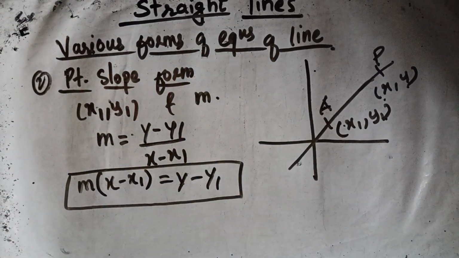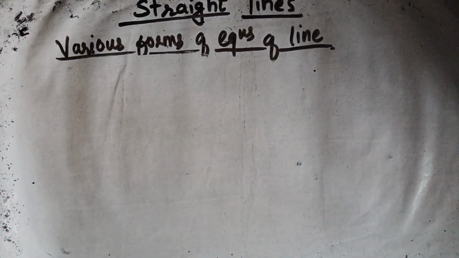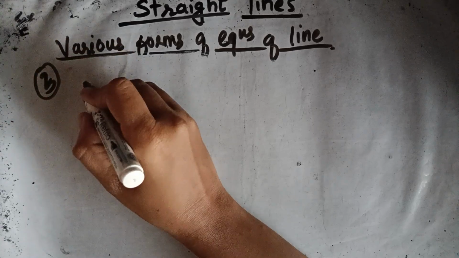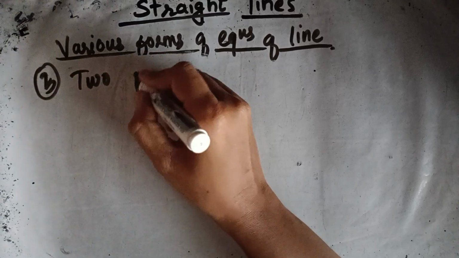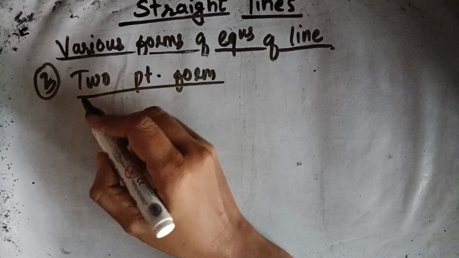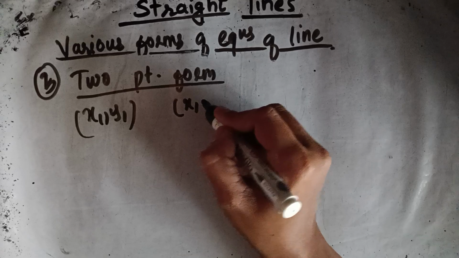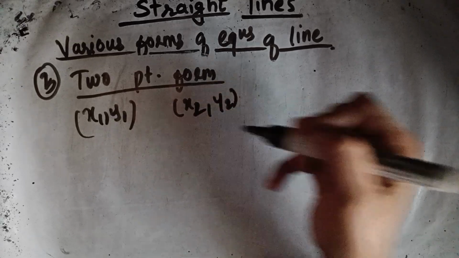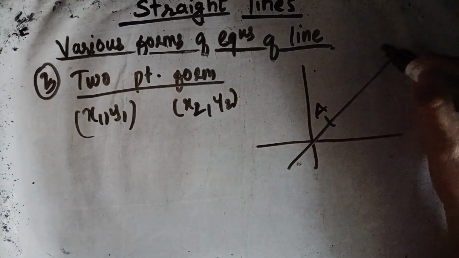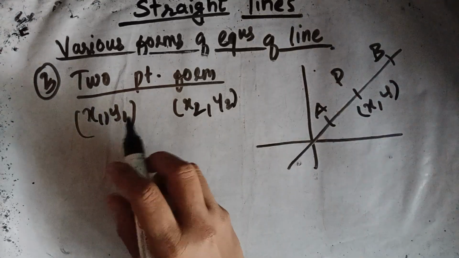Then the third one is two-point form. As the name suggests, two points are given, say x1, y1 and x2, y2. Because this is A and B, there is a point P which is x comma y, which is unknown.